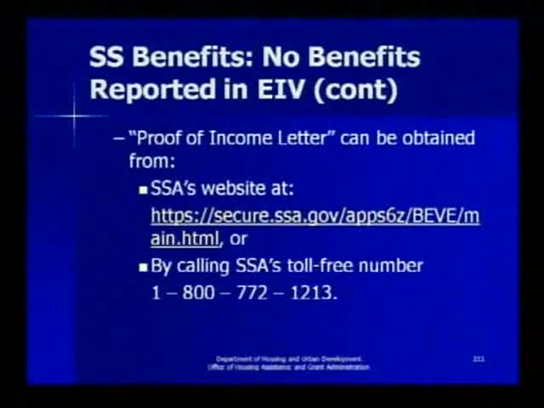And then when suddenly it appears in EIV, you'll discover that they had unreported income. And we want to eliminate unreported income as much as we can. So a proof of income letter can be obtained from SSA's website at this address, or by calling their toll-free 800 number.